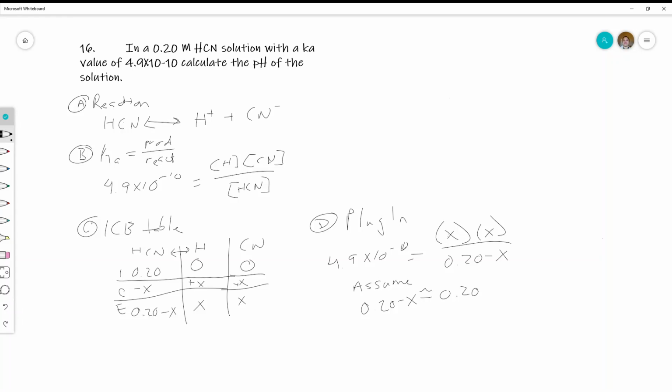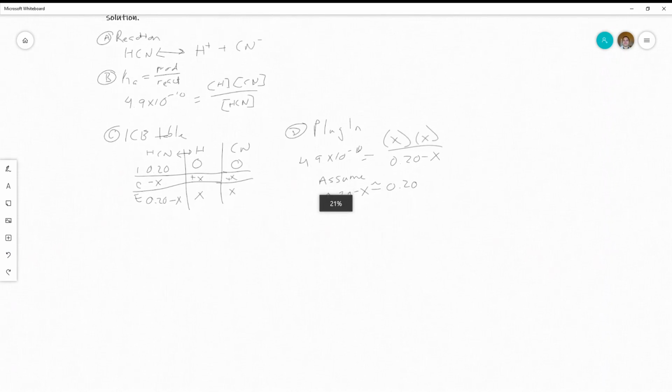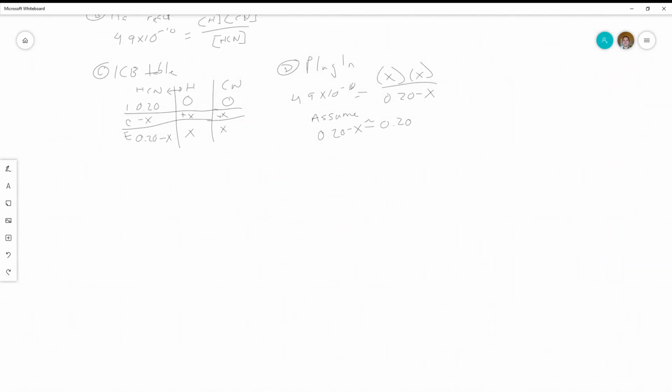Alright, so we go ahead and solve at this point. So we have 4.9 times 10 to the negative 10 equals x squared over 0.20. Remember, this is because we're assuming 0.20.